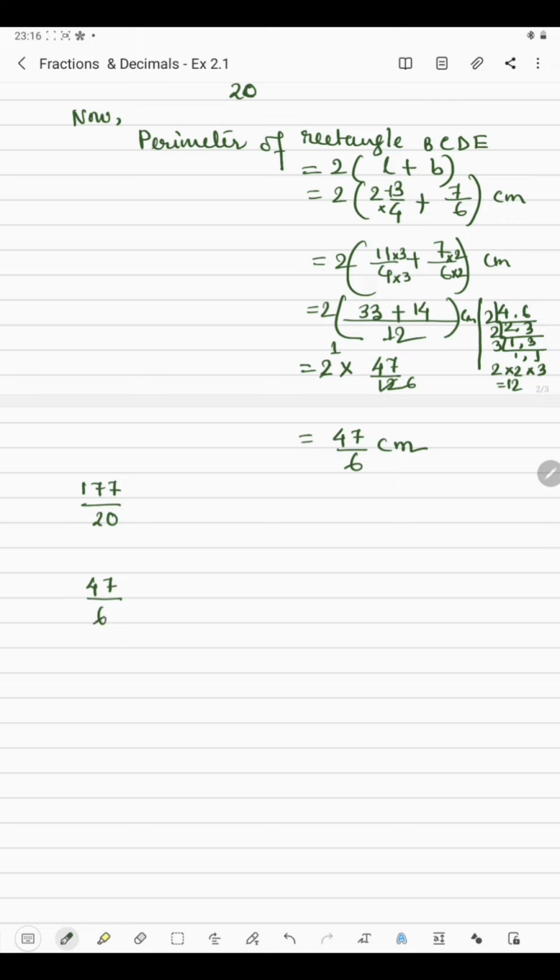So at first we will find the LCM to make the denominator same. 20 and 6, 2 10s are 20, 2 3s are 6, 2 5s are 10, then 3, 3 1s are 3, then 5 1s are 5. Now if you multiply this, 2 into 2 is 4, 4 into 3 is 12, 12 into 5 is 60. So the LCM will be 60.